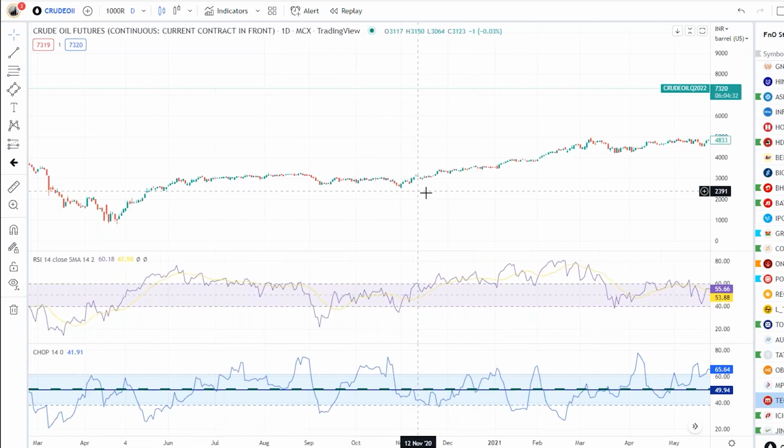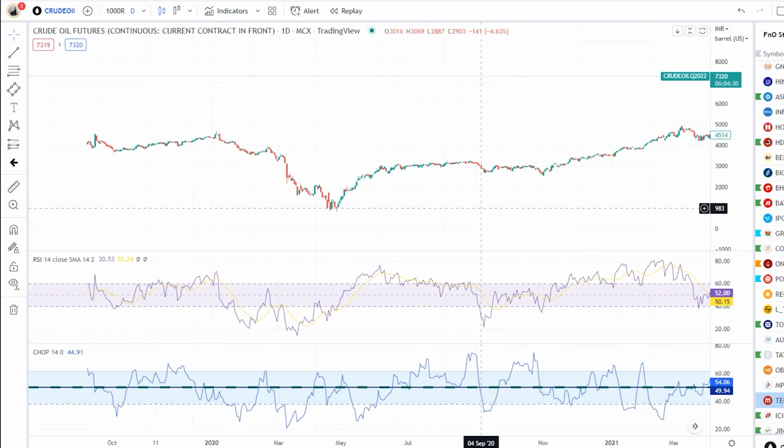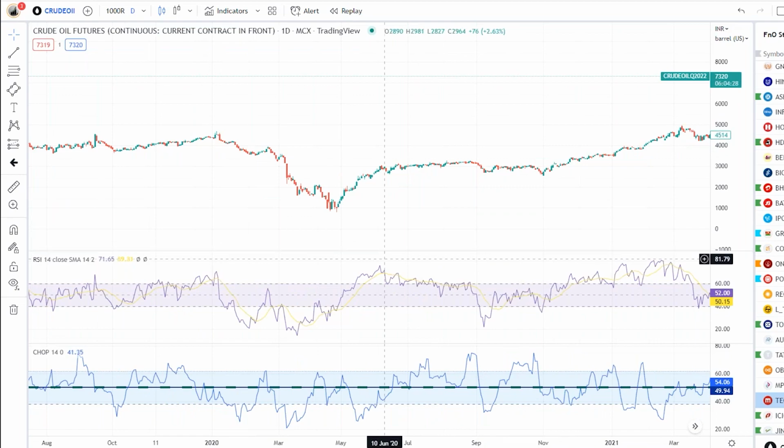Right now I'm going to add choppiness with it. So what happens in the market? Let me explain what happens in the market. There's always this fight between buyers and the sellers going on. There is an auctioning happening, right? Have you seen a marketplace or a mandi where vegetables are being sold?